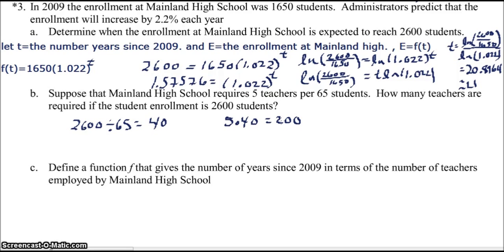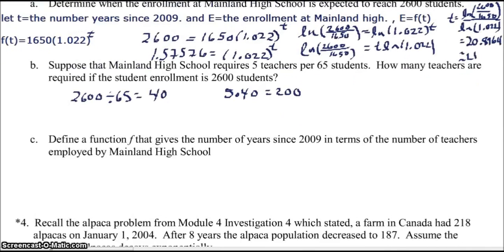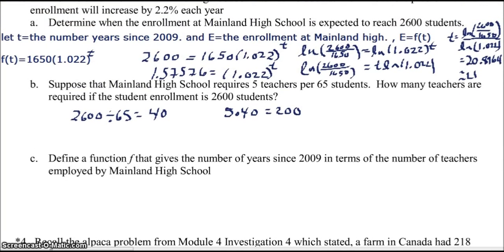Part C, define a function f that gives the number of years since 2009 in terms of the number of teachers employed by Mainland High School. Well, we had this function where E was the enrollment, that's the number of students.